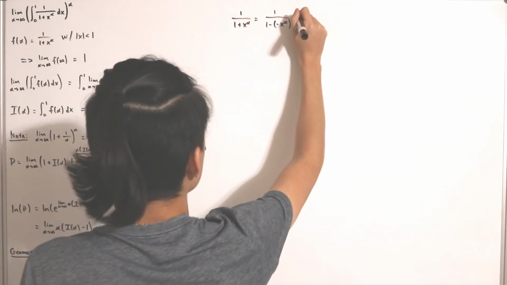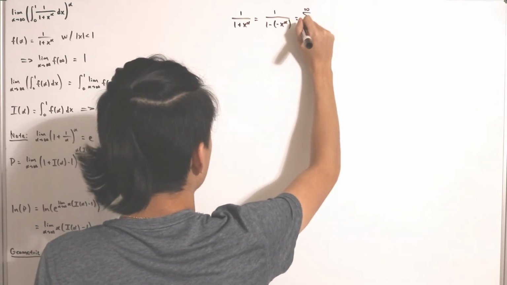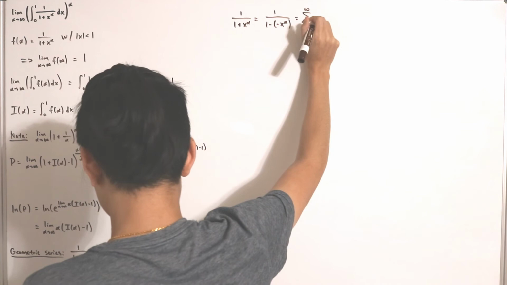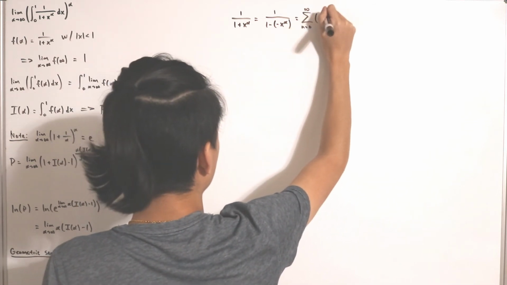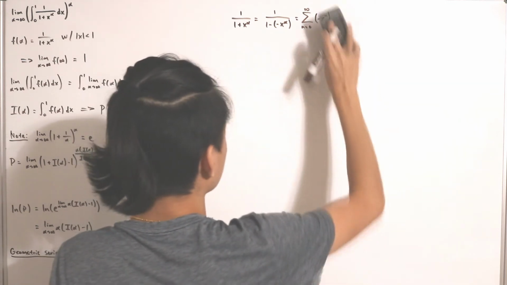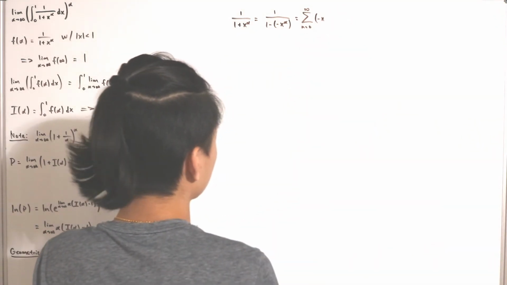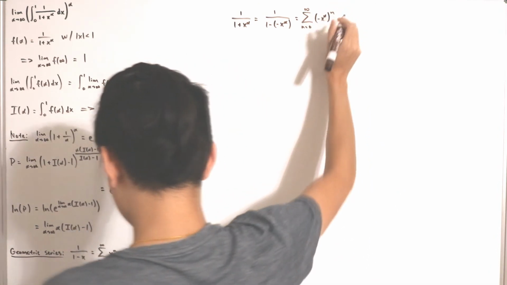And then that's just equal to the summation, our infinite series, starting from index n equals 0, of negative x to the power alpha, and then to the power n. Or, I got that backwards, that's supposed to be an alpha here, and then to the power n.